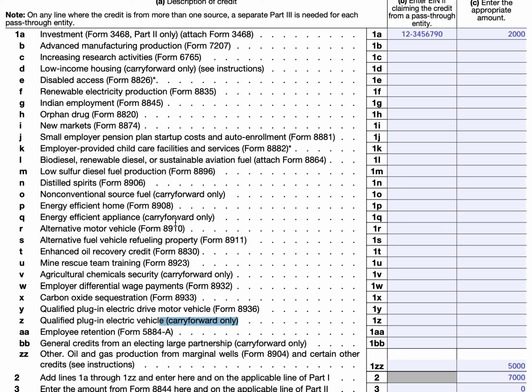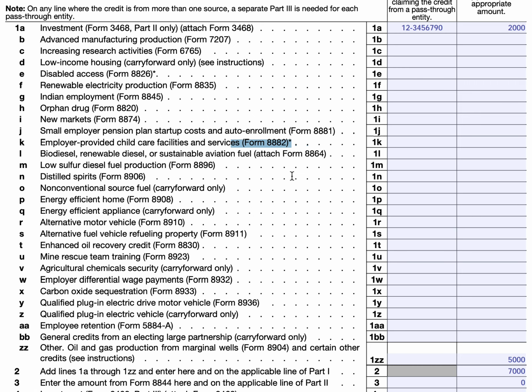For example, line 1E, disabled access, has a credit limit of no more than $5,000 in a particular tax year. For line 1K, employer provided child care facilities, that limit is $150,000 in a given tax year.